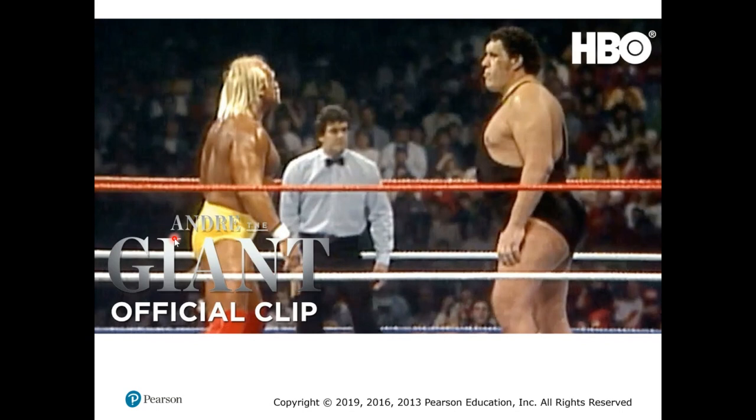And Hulk Hogan comes in at 6'8", 295 pounds. That's a pretty big guy. And he's facing Andre the Giant, who comes in at 7'4", weighing 525 pounds. I wouldn't want to mess with either one of those guys because I'm half that size.